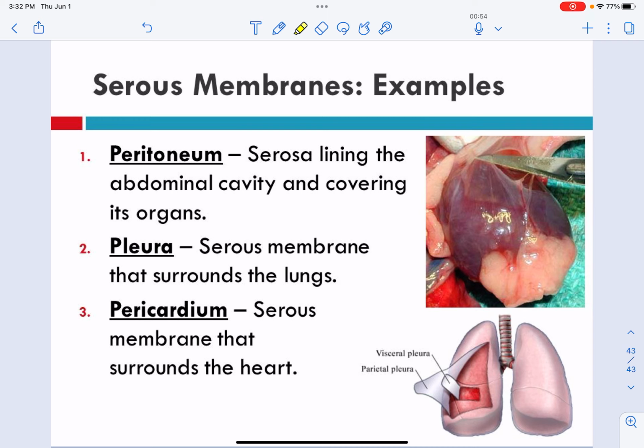We just went over that the serous membrane that surrounds the lung is called the pleura. The serous membrane that surrounds the heart is called the pericardium. And the serous membrane that lines the abdominal cavity is called the peritoneum.